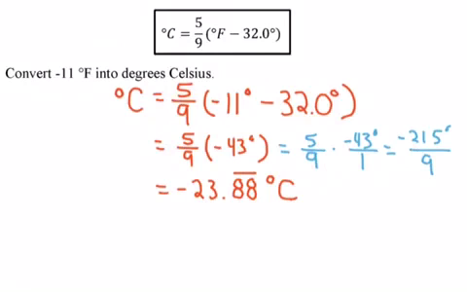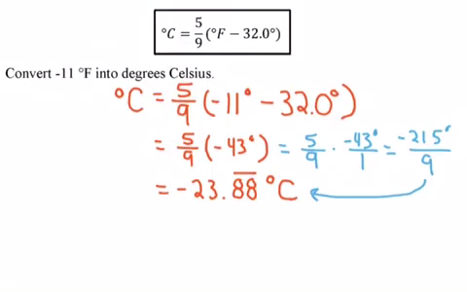And when you do negative 215 degrees divided by 9, you should get the same answer as down here. But feel free to type this into your calculator. On the end of course test, you will have a calculator available, so don't make your life harder than it has to be. Just use your calculator as much as you can to help you get the correct answer.